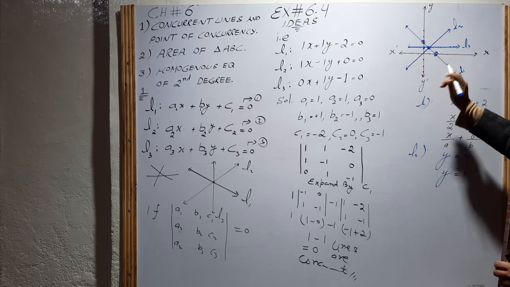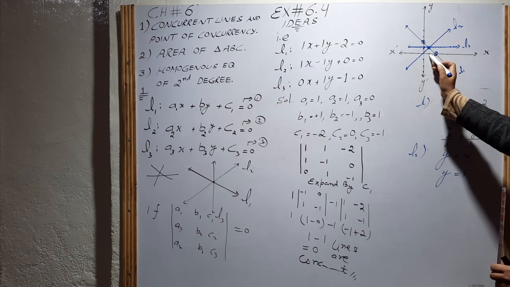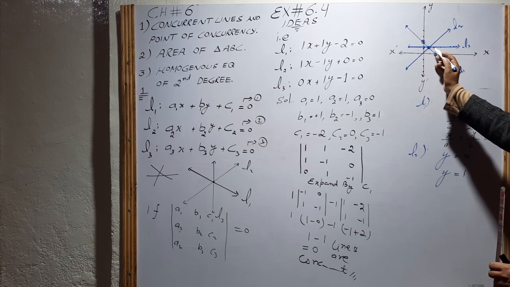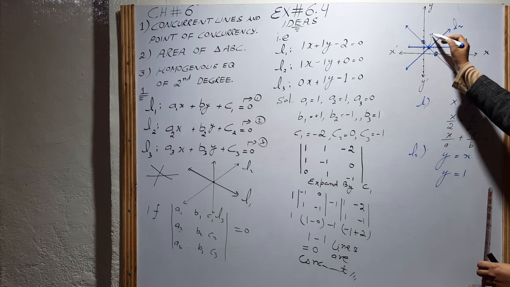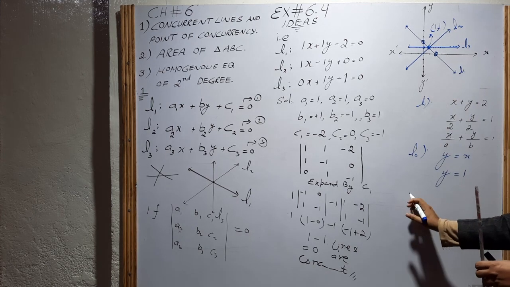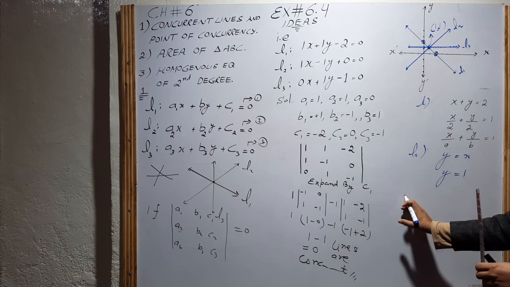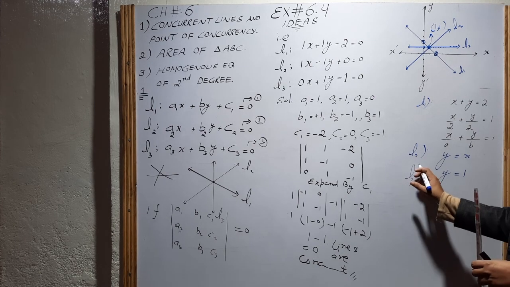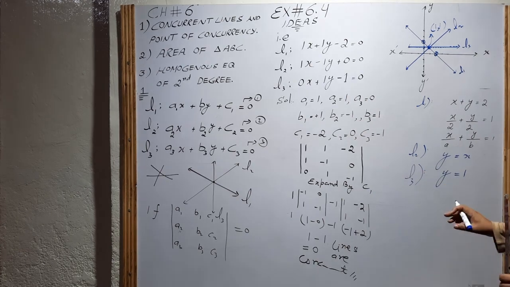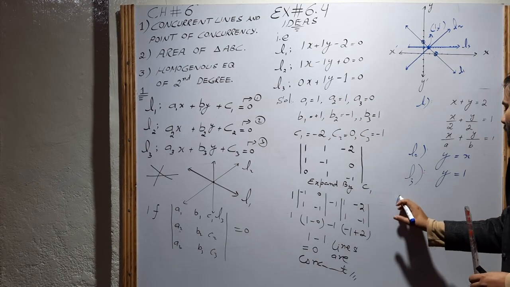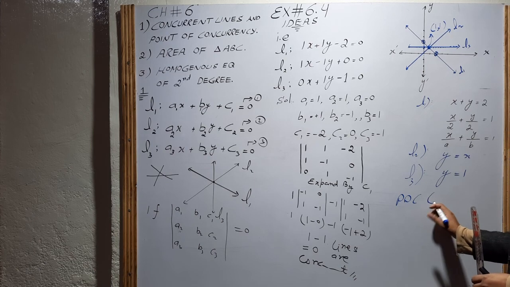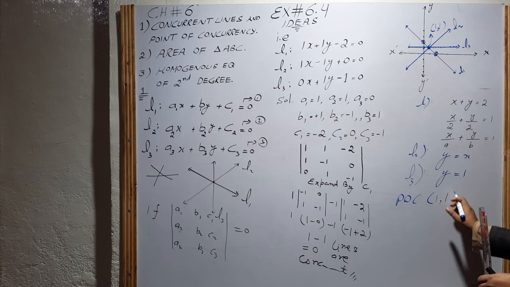In this case, clearly there is 1 unit on the x axis and 1 on the y axis. So the point of concurrency in this case is 1 comma 1. This y is equal to 1 is line 3.